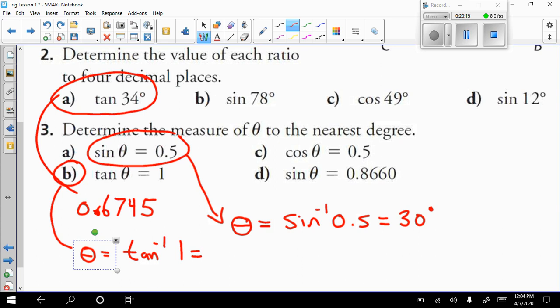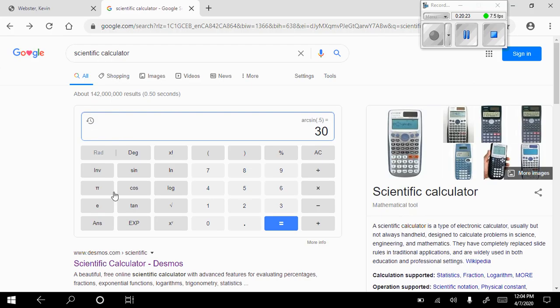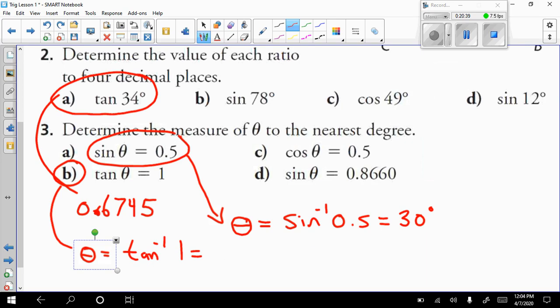We would go to our online calculator, I'll clear it, and I'll go inverse tan. There it is, the second function tan, and I'm going to hit 1, and hit equals. Oh, and it's 45 degrees. So that's equal to 45 degrees. Okay, I'd like you to finish C and D.